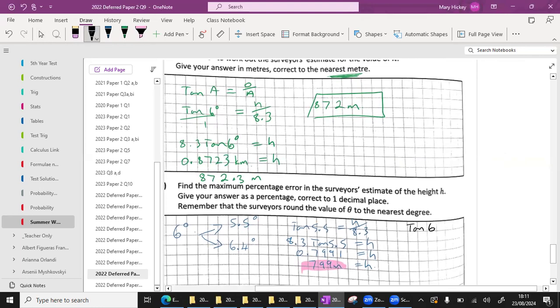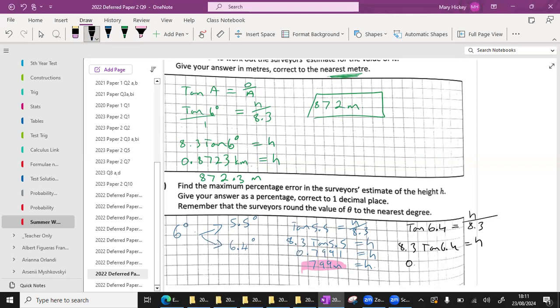Let's use the 6.4. So if I use 6.4, that gives me h over 8.3. So I do exactly the same thing. 8.3 tan of 6.4 is equal to h. So 8.3 multiplied by the tan of 6.4.